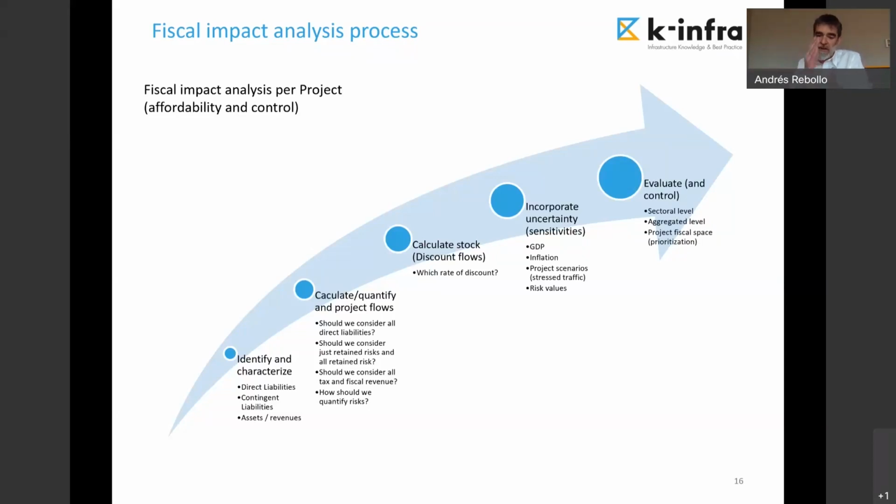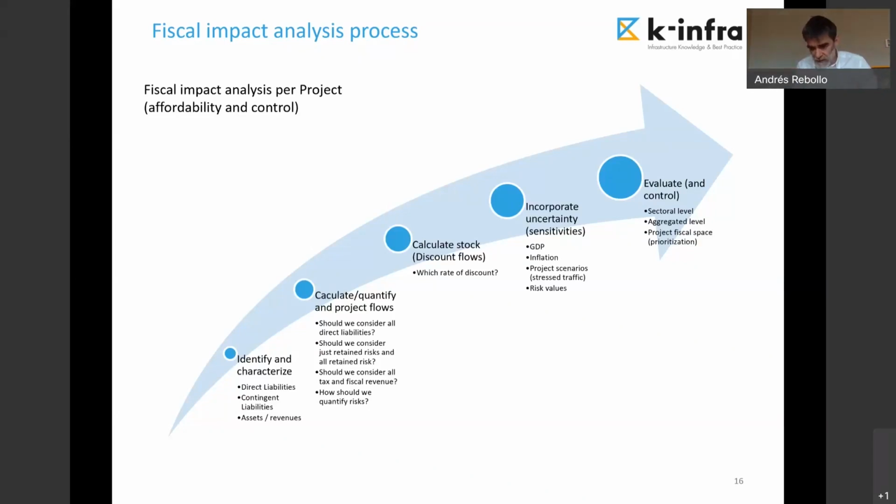And then I will check that if I am incorporating the stock of liabilities of this project into the aggregated exposure, into the aggregated amount of all the liabilities of the PPP program, I am still under the limits established in the ceiling, okay? That would be the control that I am talking about. I need to evaluate at an aggregated level.